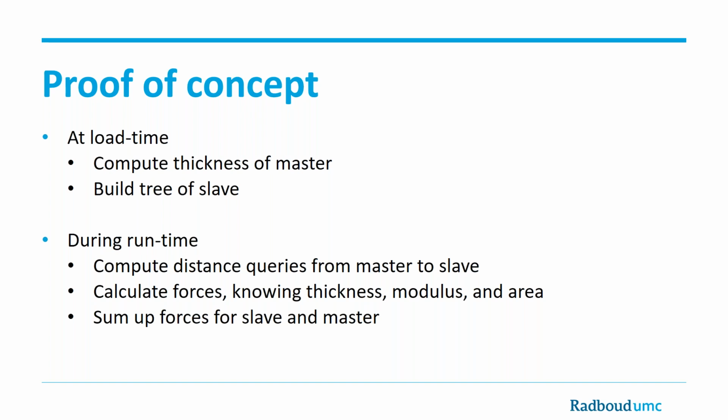Finally, if we know the distance between all the elements and the slave, we can calculate an equivalent force for each element of the master surface. And summing up the forces for slave and master gives the resultant contact force, which can then be used within force-dependent kinematics analysis.